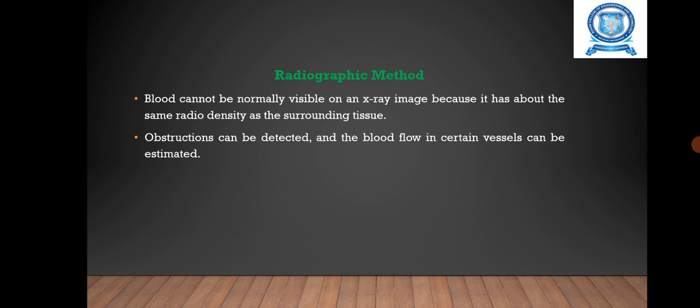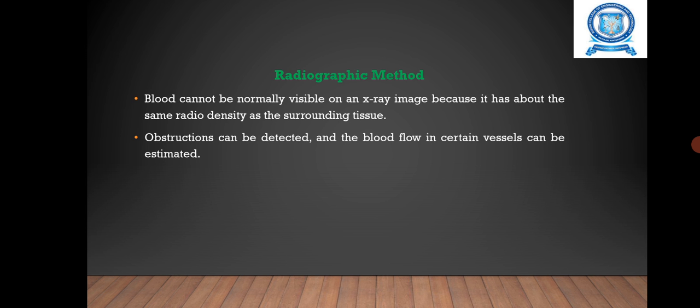The next one is the radiographic method. Blood cannot normally be seen on an X-ray image because it has about the same radio density as the surrounding tissue. By the injection of a contrast medium into a blood vessel, for example an iodinated compound, the circulation pattern can be made locally visible.